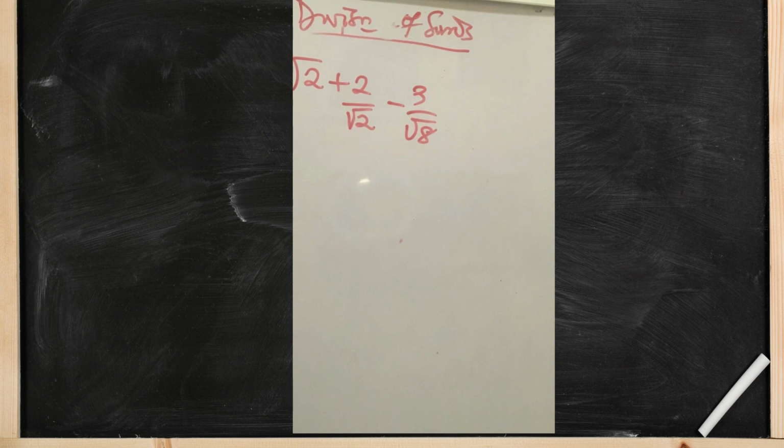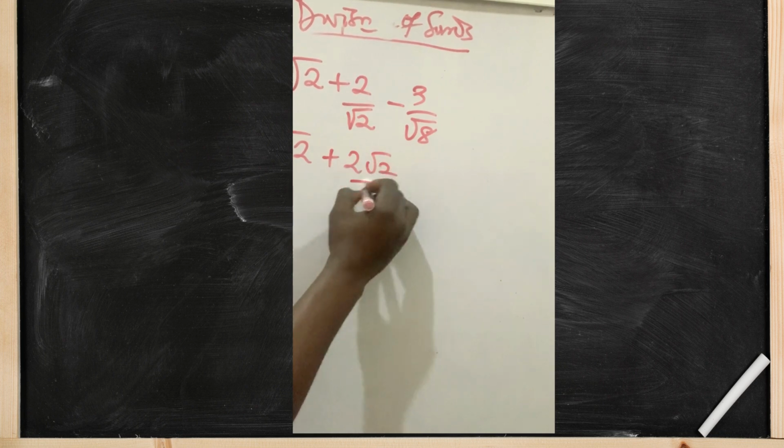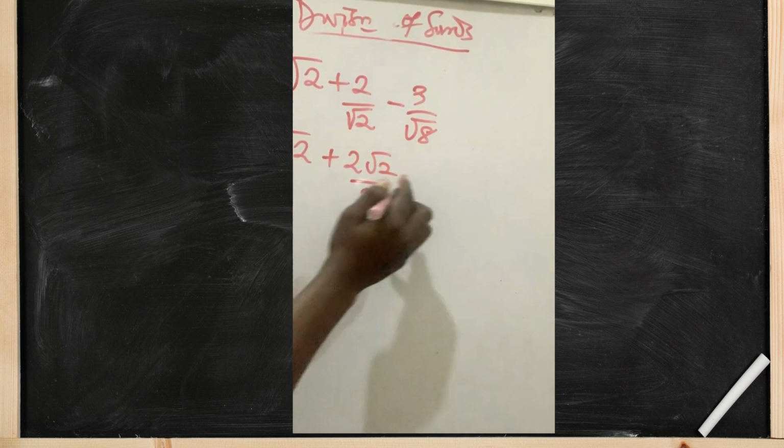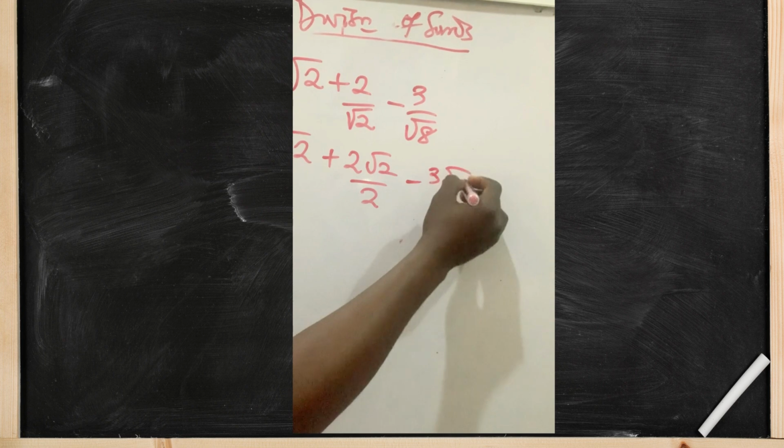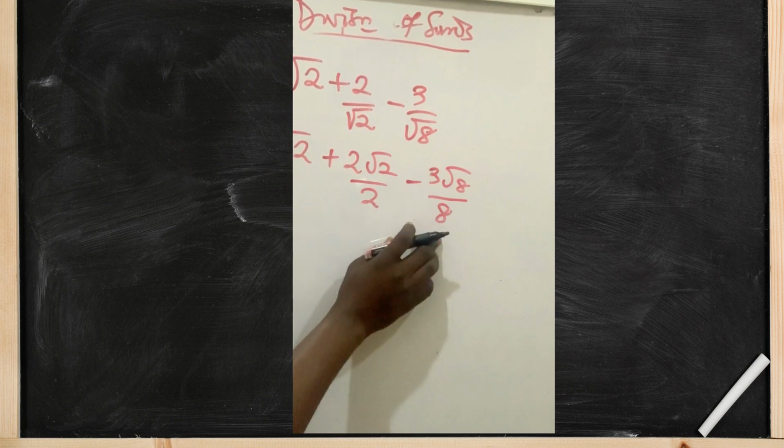So it's better for you to rationalize this. You're having this plus 2 root 2 over 2. You understand where I'm coming from with this. Minus 3 root 8 over 8. So I've just done the rationalization of these two surds.